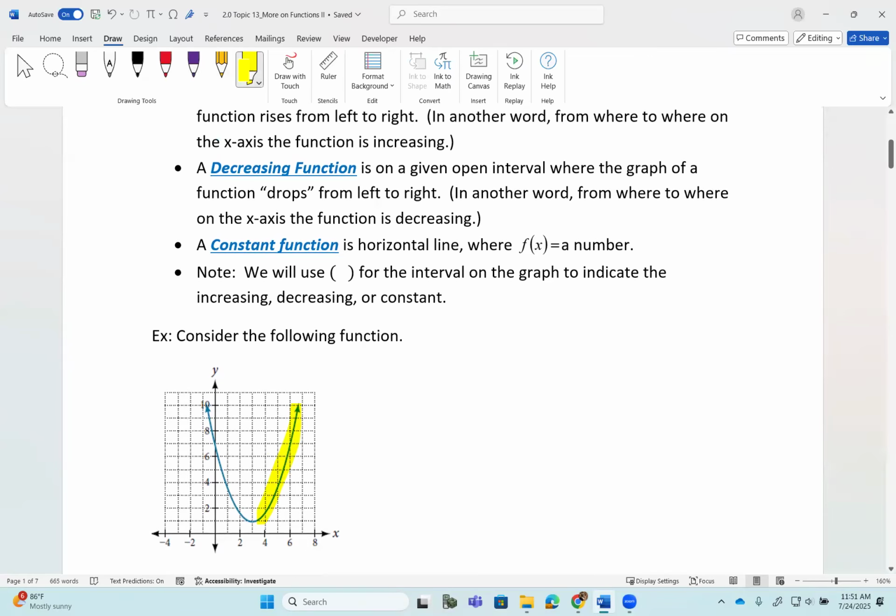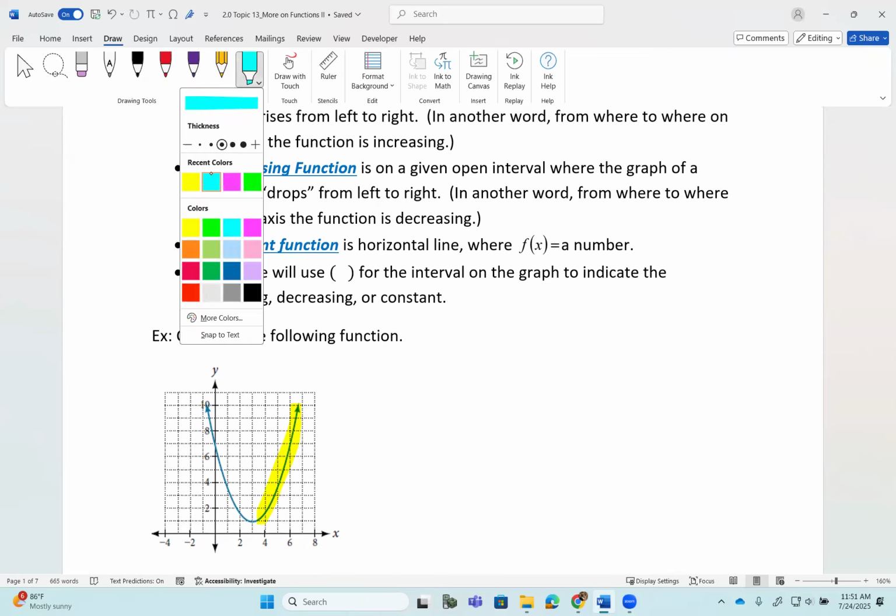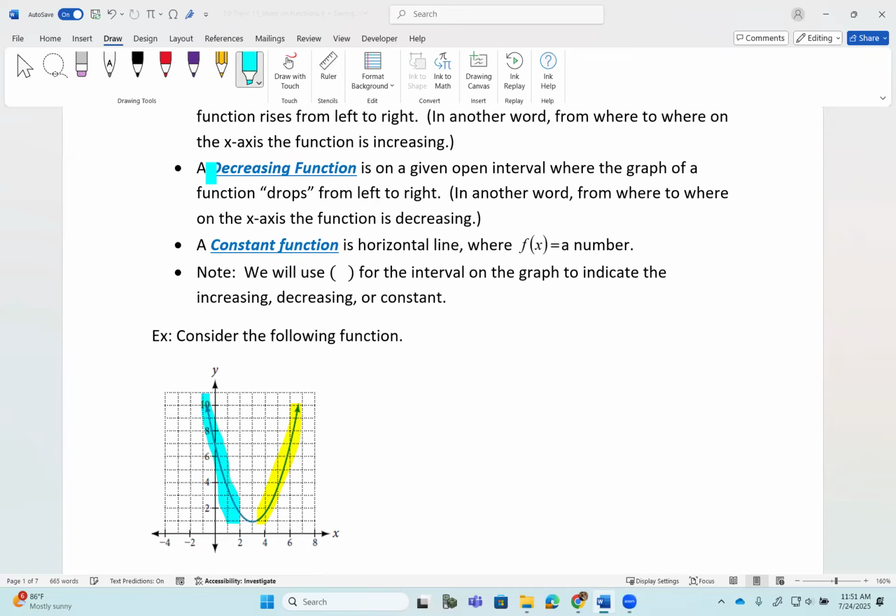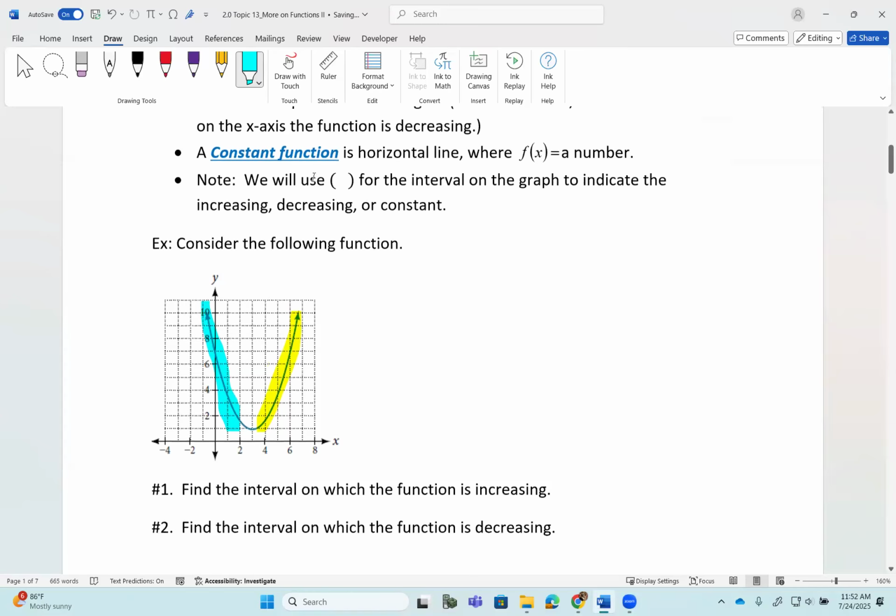Same thing with the decreasing part of a function, on a given open interval where the graph drops downward from left to the right. So what we are looking for is, from where to where on the x-axis the graph is increasing and is decreasing.